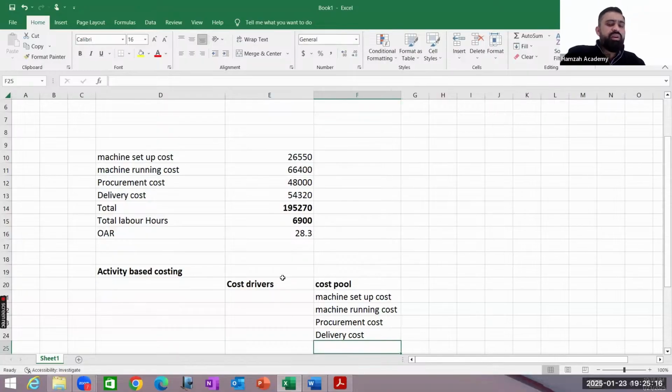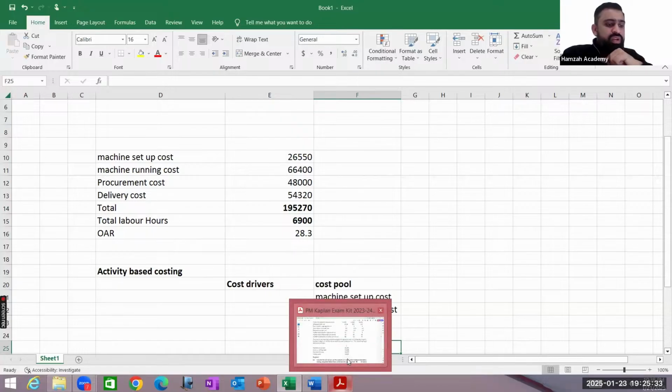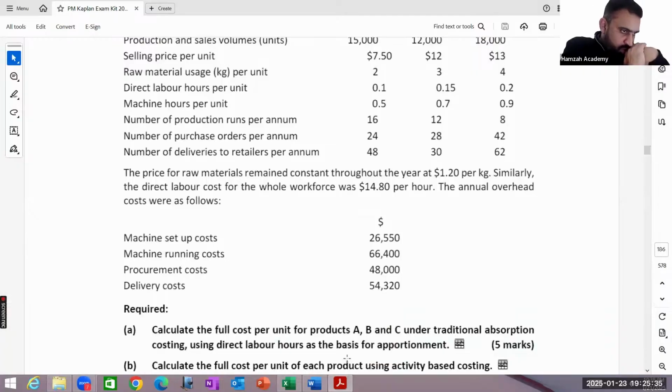And then we need to identify the cost driver. The cost driver is something which drives the cost in a particular cost pool. Now, if you look at the question, the cost driver for machine setup cost would be number of production runs per annum.